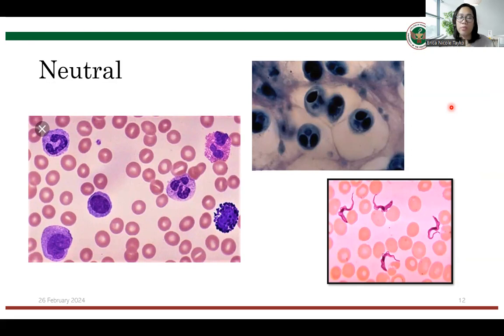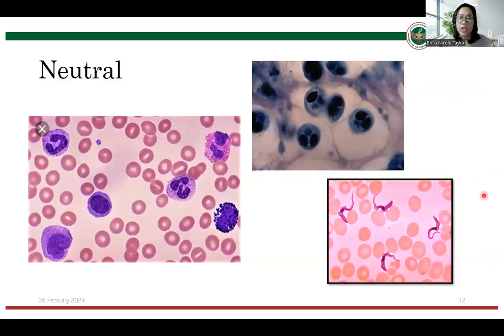Some examples would be malaria. The Plasmodium species, when they are in your blood, can be better visualized with the use of your Giemsa stain.